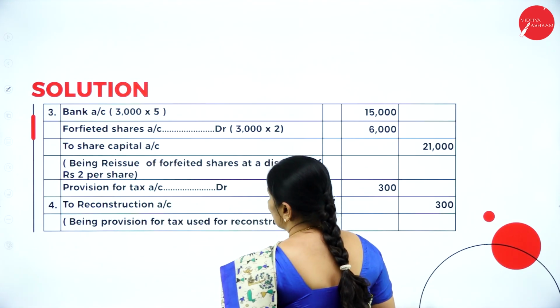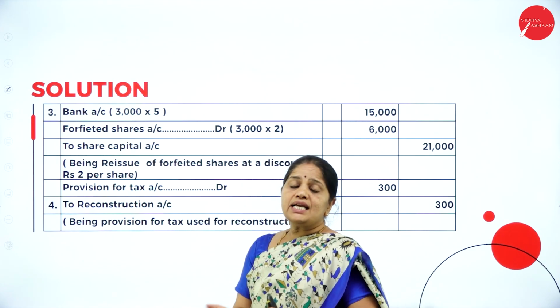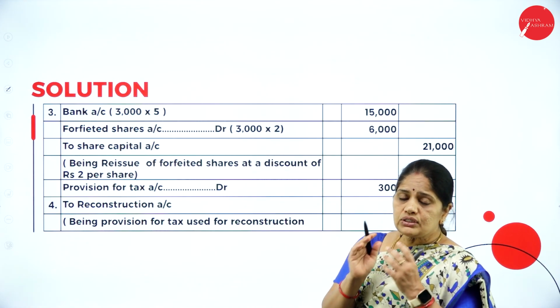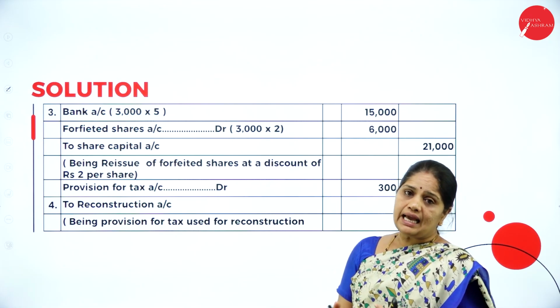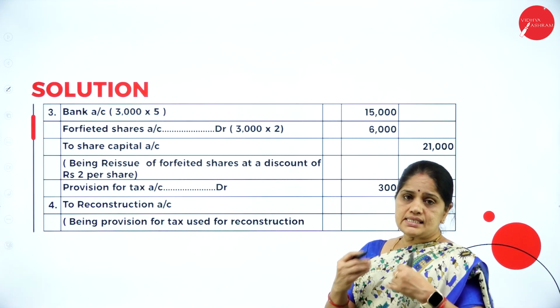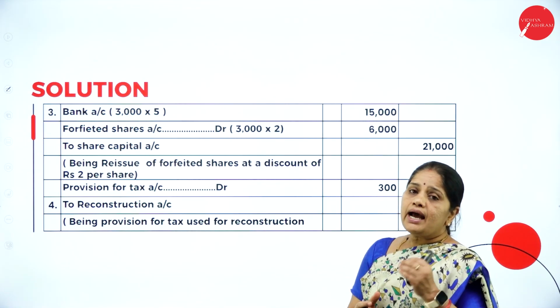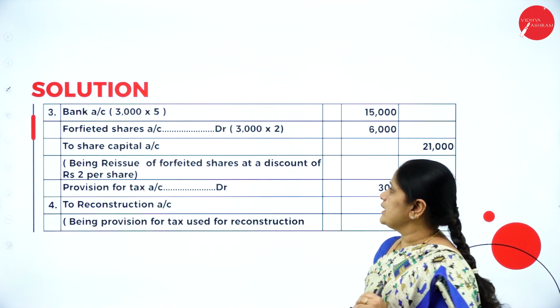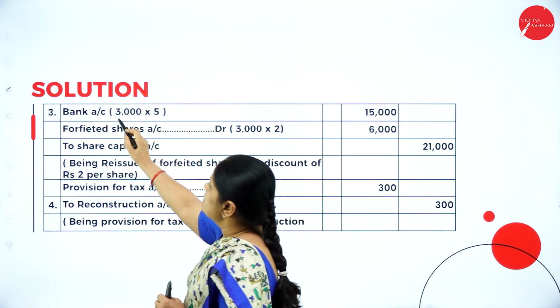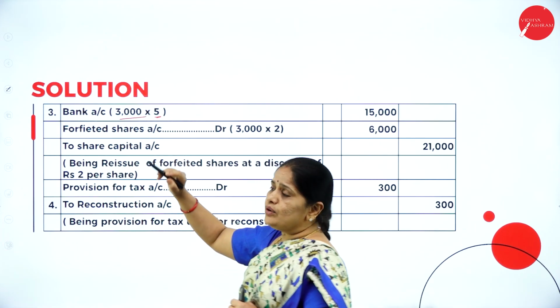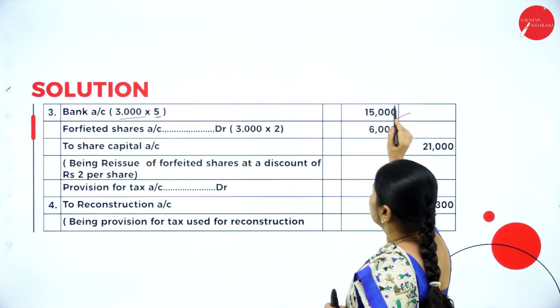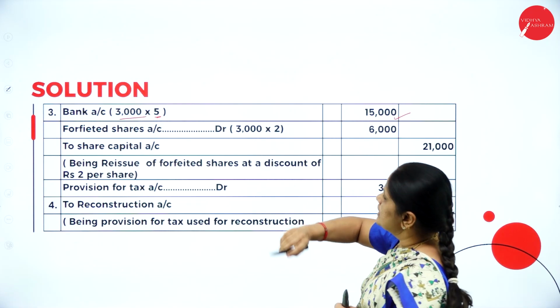Then the next one will be, we are reissuing the forfeited shares. Now the 3,000 shares which have been cancelled, the company has decided to reissue the shares at rupees 5 per share. Now we have 3,000 shares at the rate of 5 rupees each. 3,000 into 5, it comes up to 15,000.